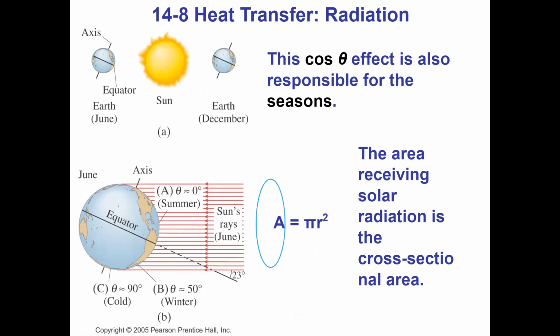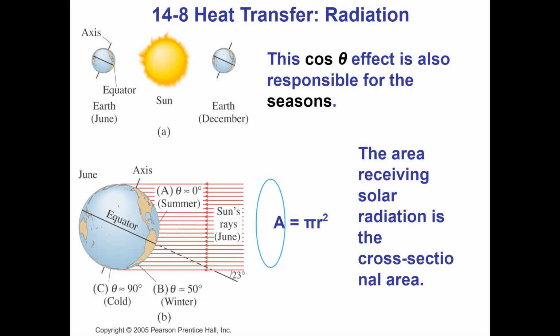So, of course, our seasons in the northern hemisphere are different than in the southern hemisphere, and the cosine effect is responsible for the seasons, and also for how much thermal warming and the viability of solar panels in different parts of our planet.